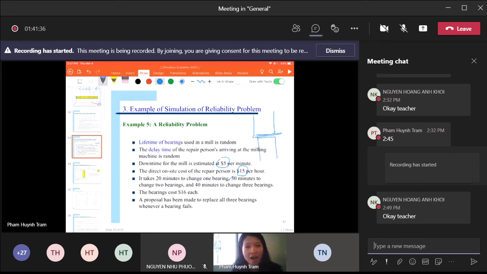So if we wait until the other two fail and then call for the repairman, we will have to wait for him again, and we have to open up the machine again. We have to do that for three bearings at different times.